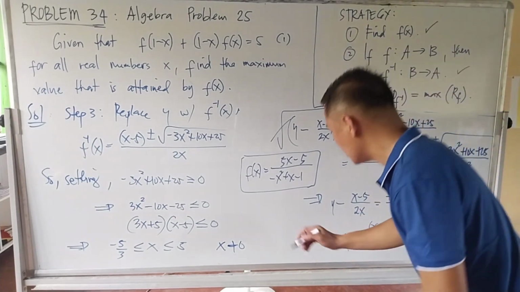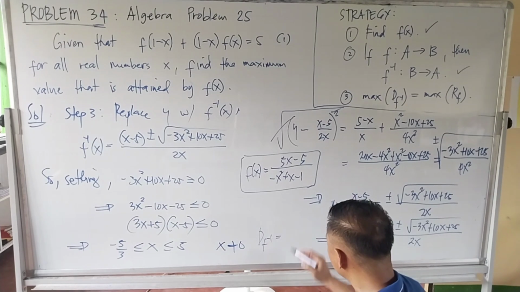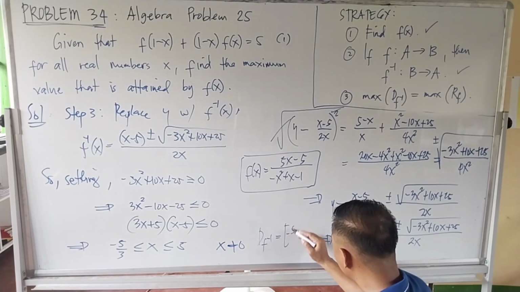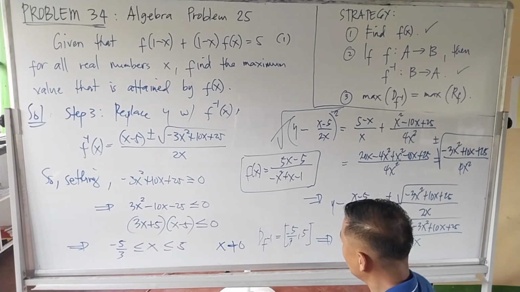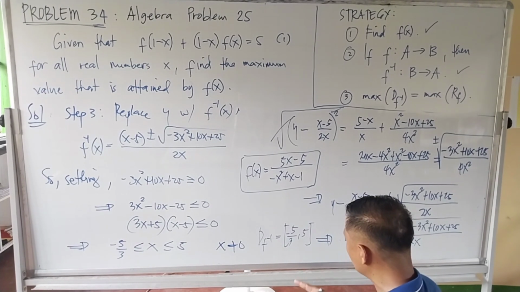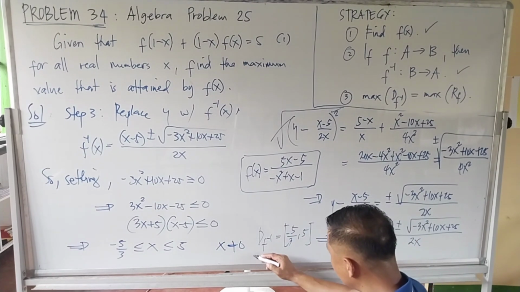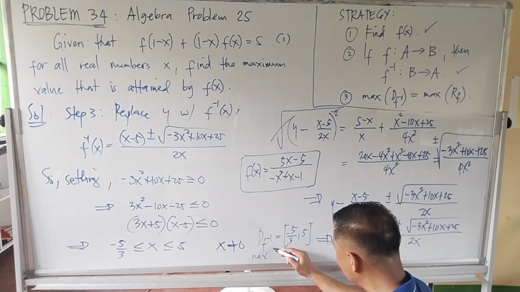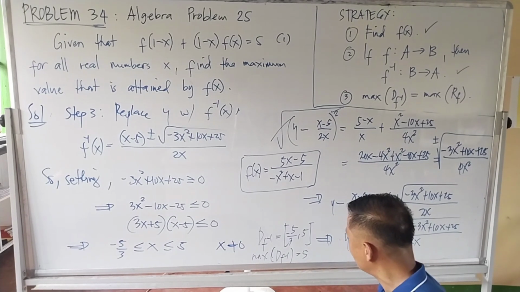Thus, the domain of the inverse function is just the interval from -5/3 to 5. Take note that the maximum value of the domain of the inverse function is just 5.